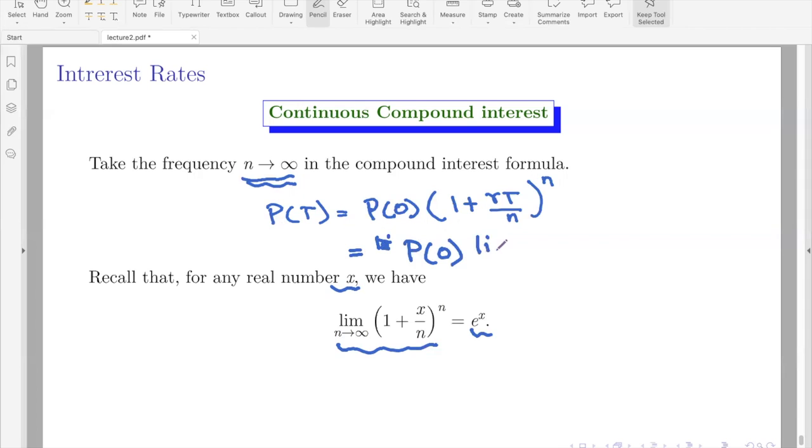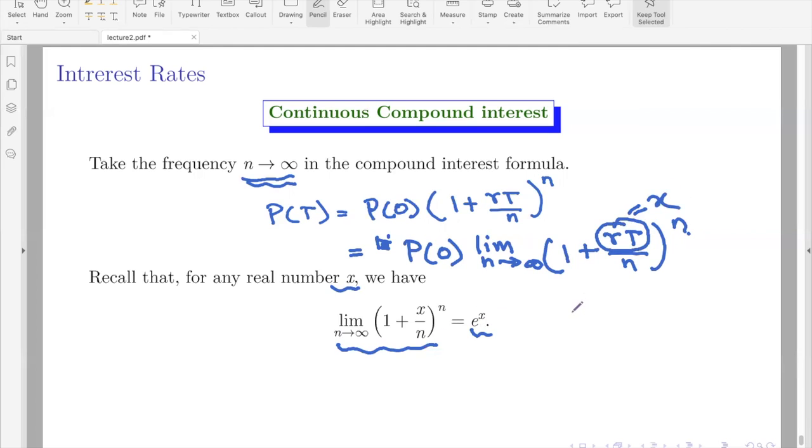You have limit n tends to infinity 1 plus rt divided by n to the power of n. So you take this quantity as x and look at this formula.